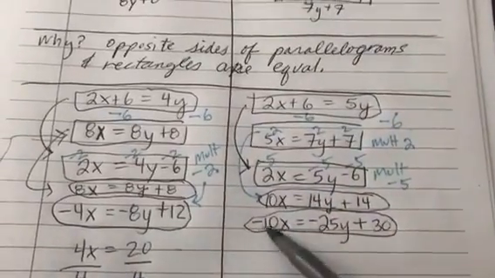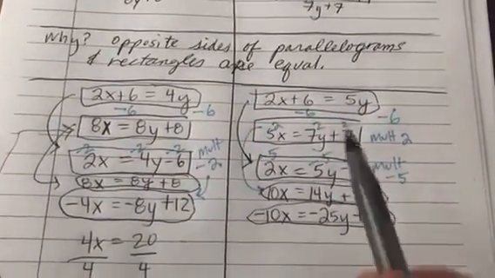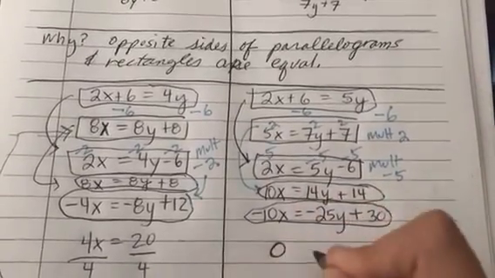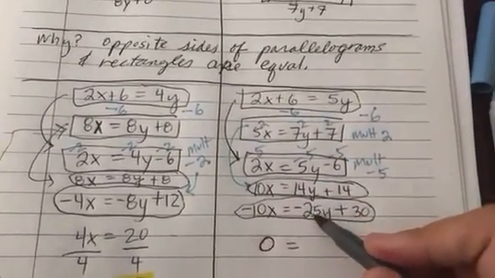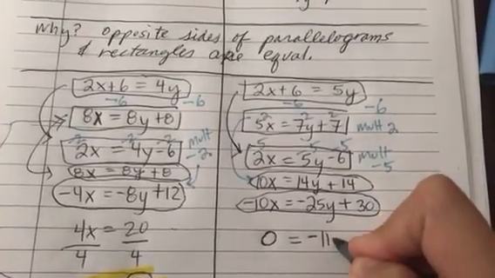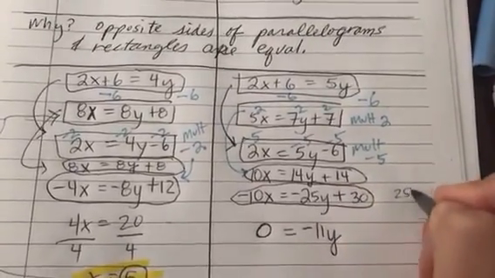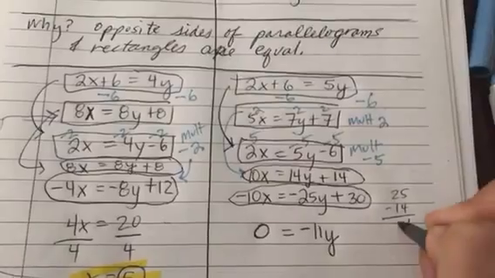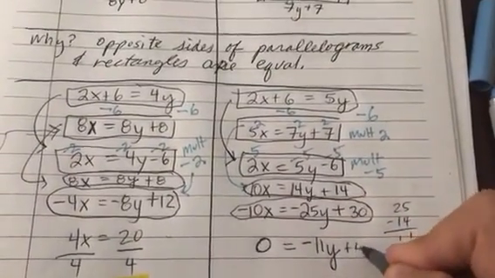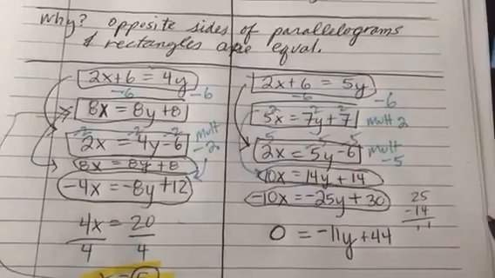So now everything is lined up nice. I'm going to get rid of my x, 0. And I get negative 11y. Let me just double check my math here. Yep, that's negative 11y plus 44.